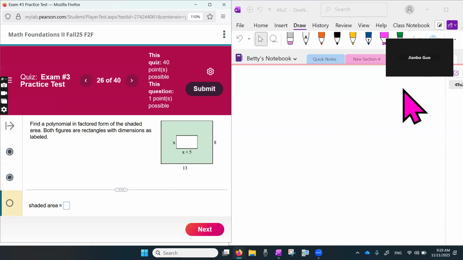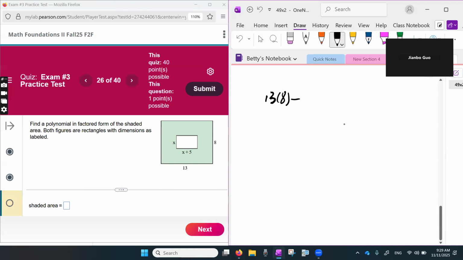The bigger rectangle has base 13, height 8, so 13 times 8. And the small rectangle has base x plus 5, height x, so x plus 5 times x. And that's the expression that represents the shaded area.